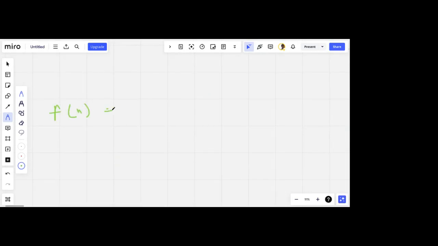Now, similarly, I just ask you one more question. If f of n is equal to n to the power 5 divided by 10 to the power 100 plus n to the power 4.5 plus 20, can you tell me what is going to be the big O of n here?